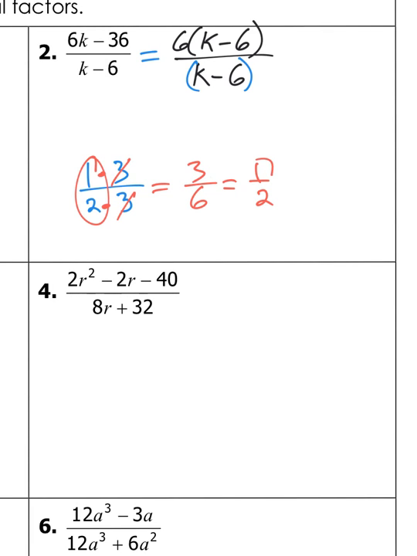Yeah, it's 1/2. So what happens is that if there's multiplication going on in between terms, you can actually cross out. So if you're crossing out, you just want to make sure there's multiplication going on in between the two terms before you cancel them out.